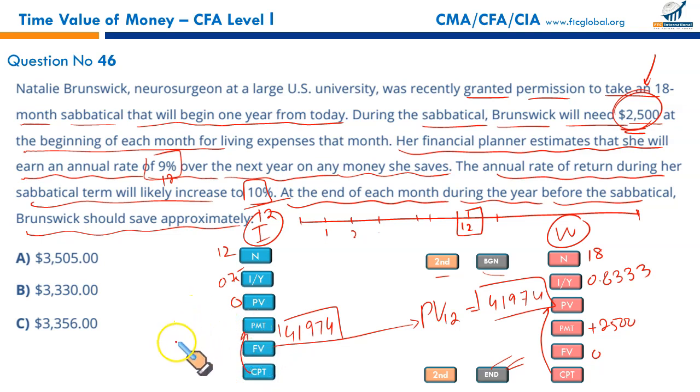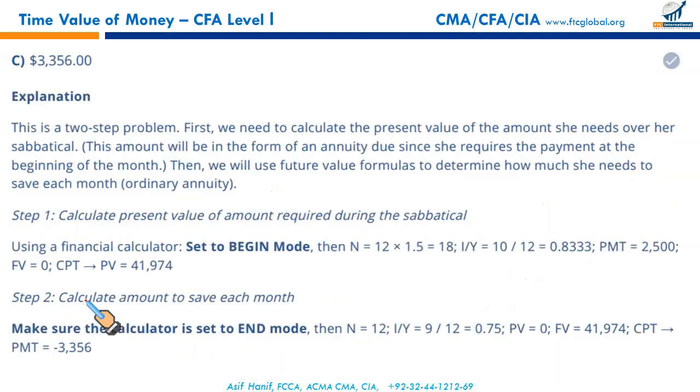It will calculate how much you need to invest to accumulate this much amount at the end of the 12th period, and this amount will then be withdrawn from an annuity at the rate of $2,500 per month for the next 18 months so she can enjoy during the sabbatical. I hope it made sense. So this is what she needs to start putting in the account at the end of the first period. So this makes C the correct option.